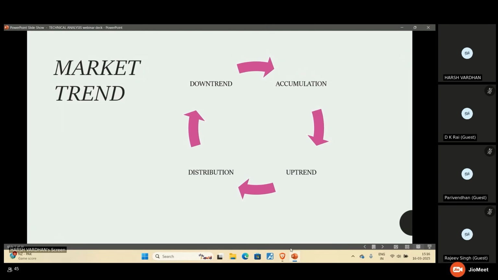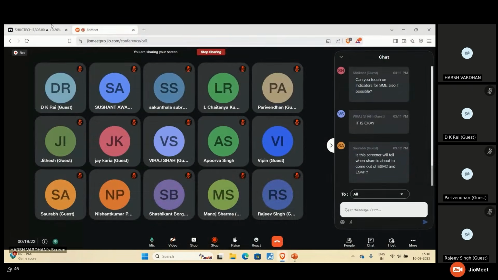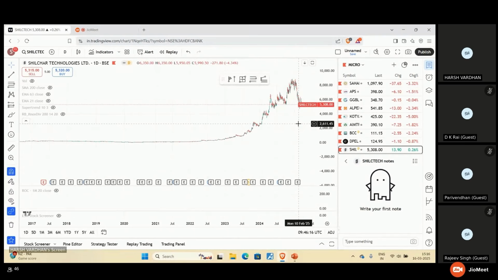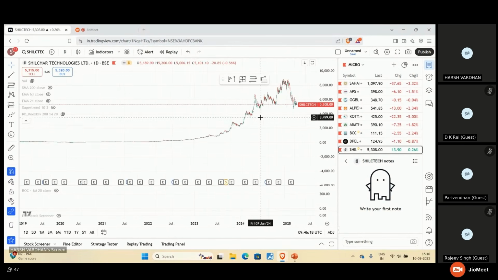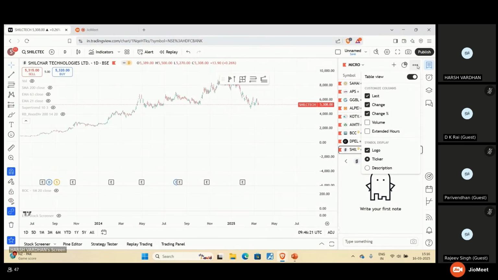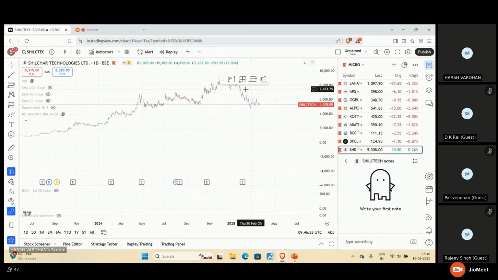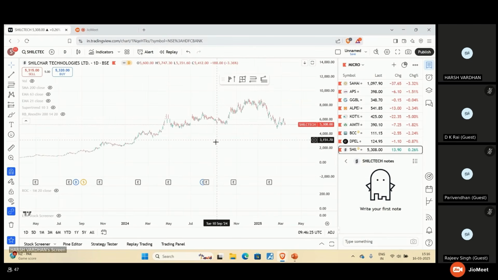So for example, if you check any stock, let me go to TradingView. Currently, as you can see on TradingView, Silchar Tech is open. Silchar Tech is a transformer manufacturing company.